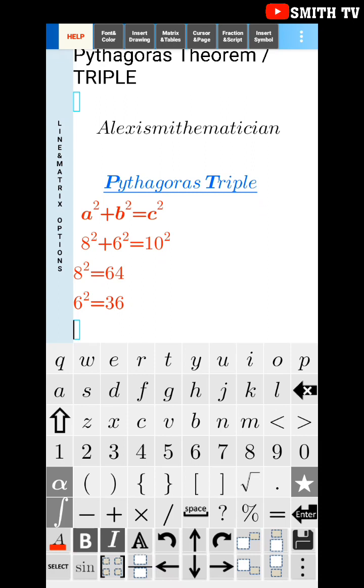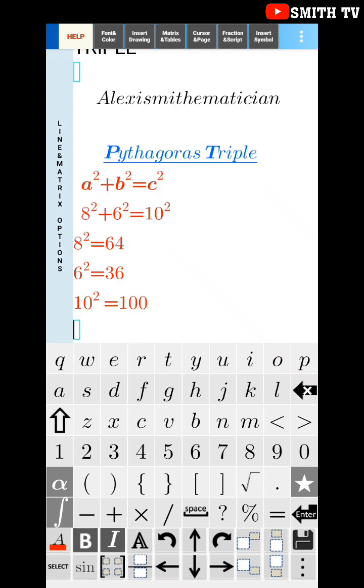Now the sum of the square of 8 and the square of 6 gives us the square of 10, which is 100. So this shows Pythagoras triple.